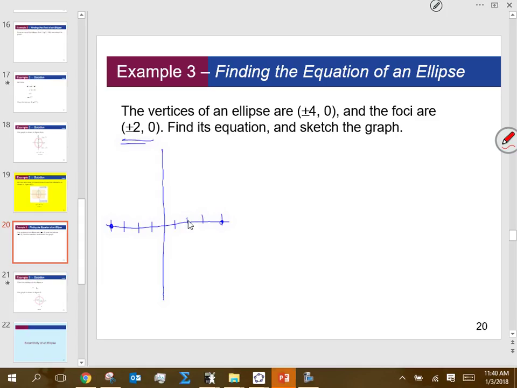My foci are located at positive 2 and negative 2, 0. And that tells me that the foci are always on the major axis. It's a fact that we should know.